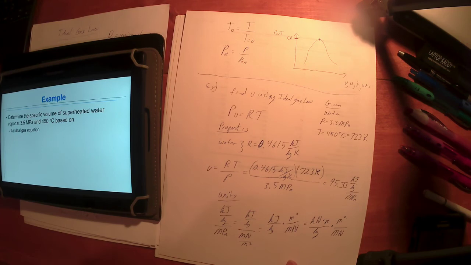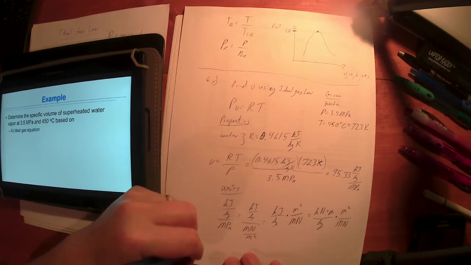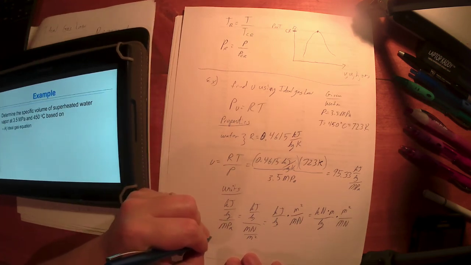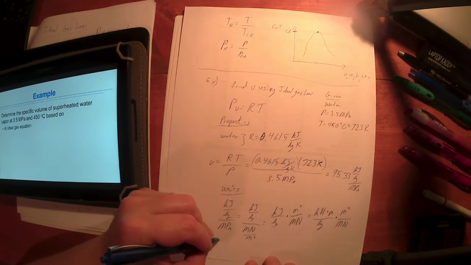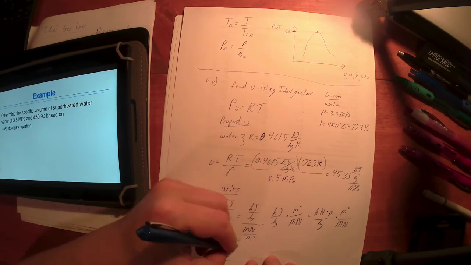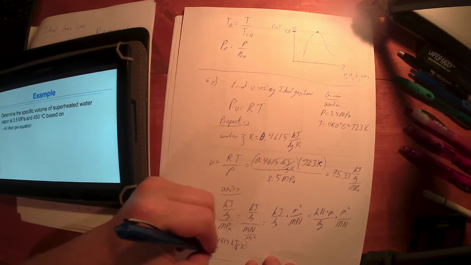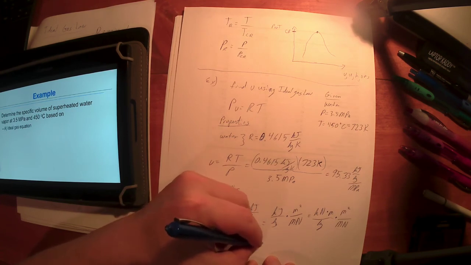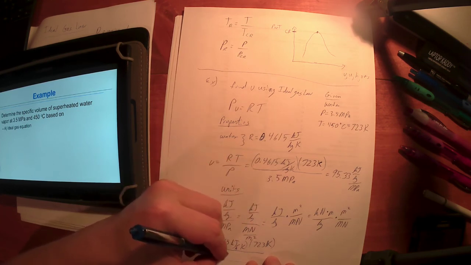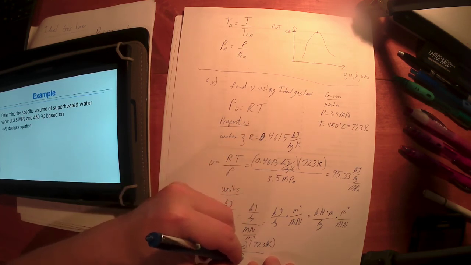So there's a number of ways you can do this. I might suggest the simplest way is, let's say that V is equal to, instead of this, 4615 kilojoules per kilogram Kelvin, multiplied by that 723 Kelvin, and then rather than dividing by the megapascals, let's divide by 3,500 kilopascals.